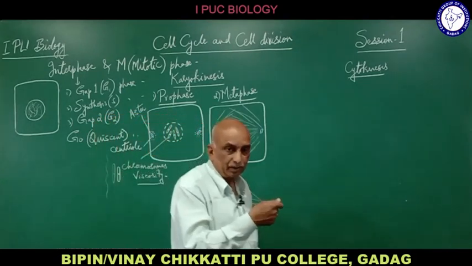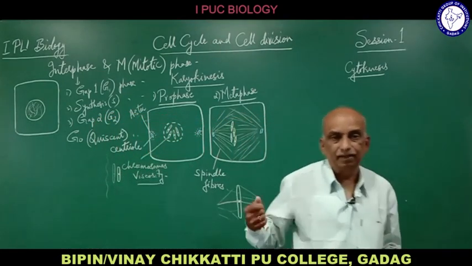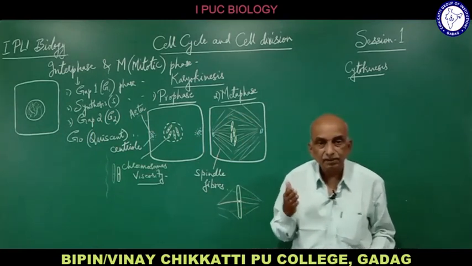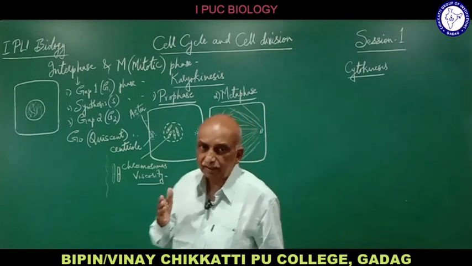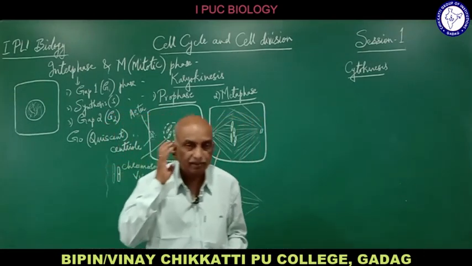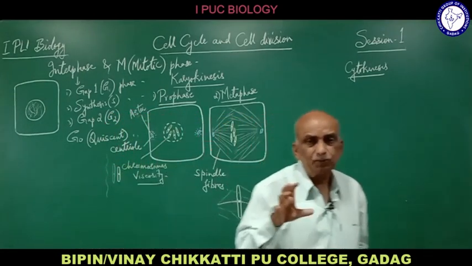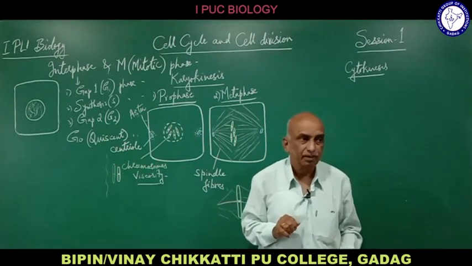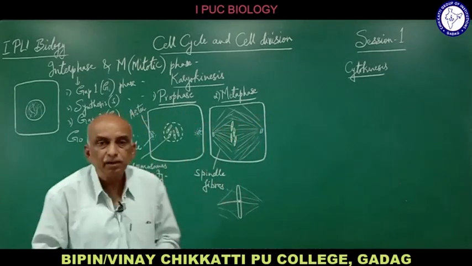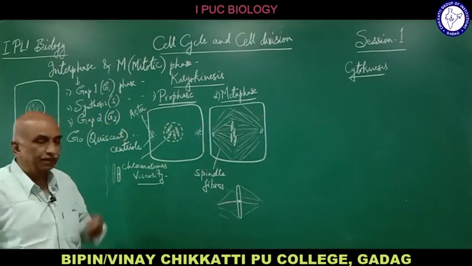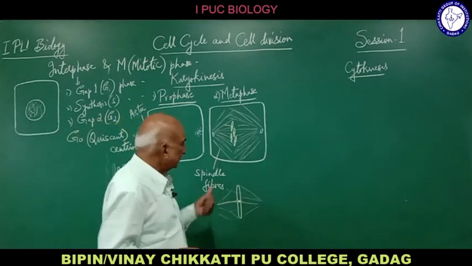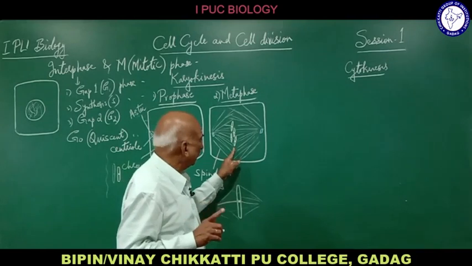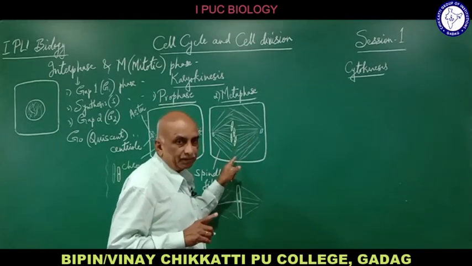When the chromosomes are dragged either this side or that side, at a particular moment or stage, we can see the chromosomes appearing in the equatorial plane of the cell. That stage is called metaphase. So this is metaphase: presence of chromosomes in the equatorial plane and complete formation of the spindle fibers.